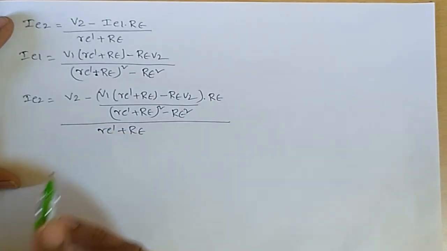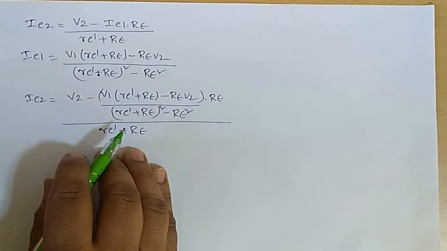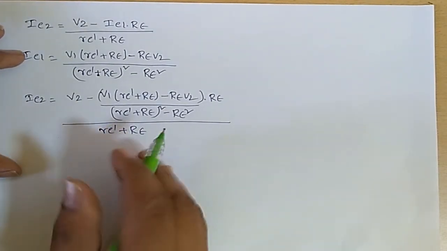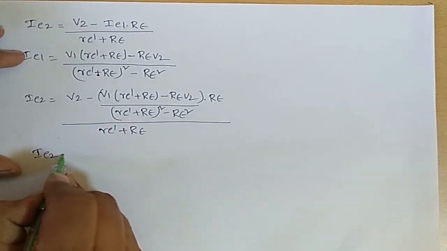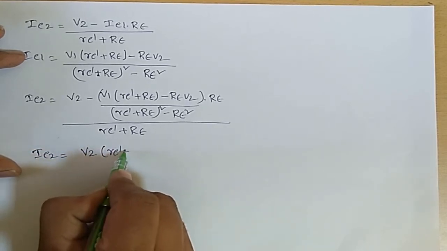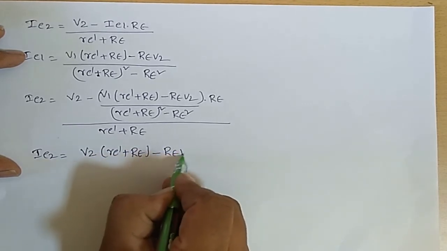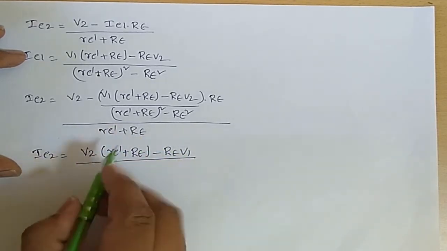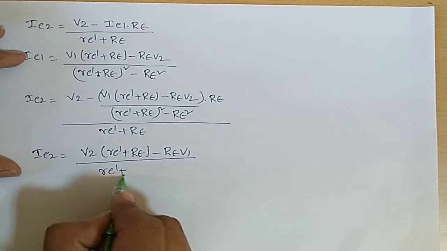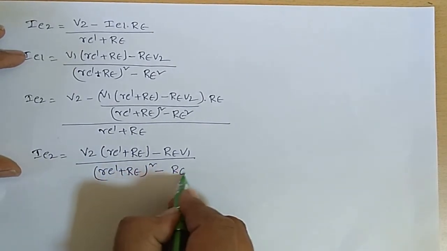Now we can simplify all these terms, and we get IE2 equal to V2 of RE dash plus RE minus RE into V1, whole by RE dash plus RE whole square minus RE square.